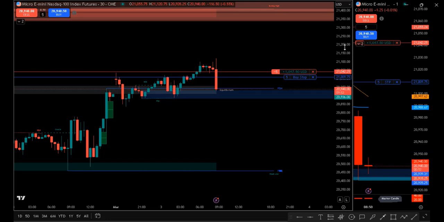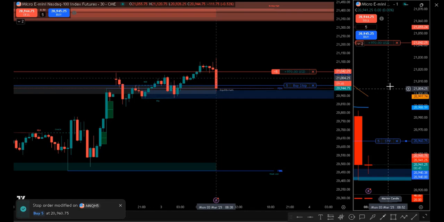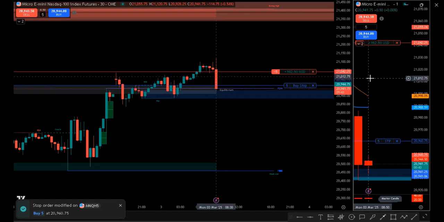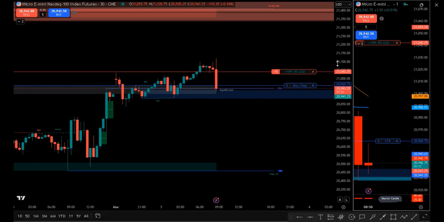Have a close of candle on the 1 minute time frame. We're down here, so I'm simply going to move my stop loss further into profit just in case this decides to reverse at this level and shoot back up around 21,300, which is very possible with NQ.